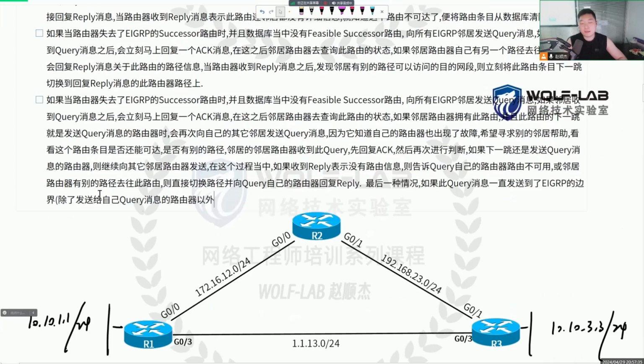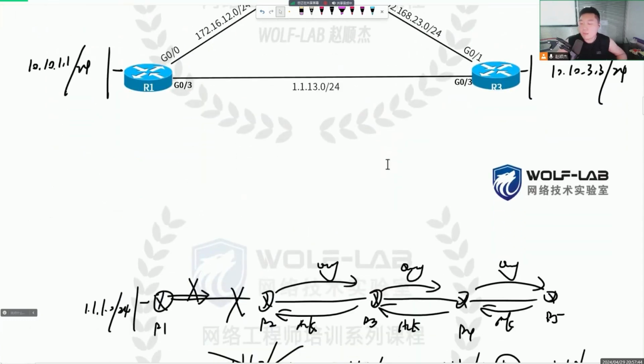R5 is on the EIGRP boundary router path. I have no other EIGRP neighbors to send queries to. Then R5 has determined it has no other paths to 1.1.1.0/24. This is our first situation.